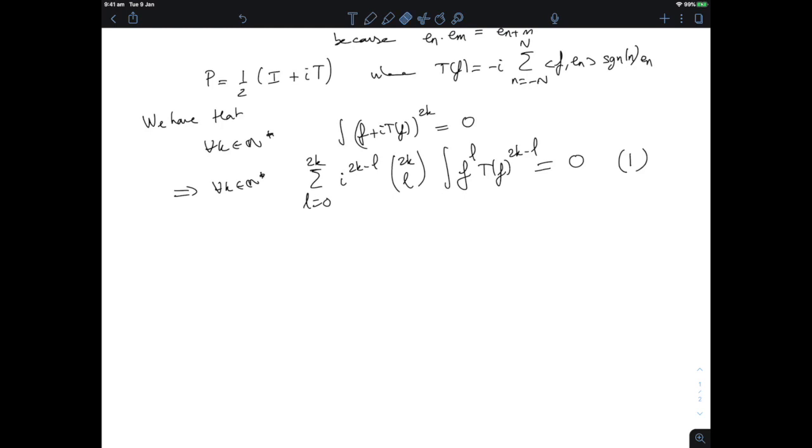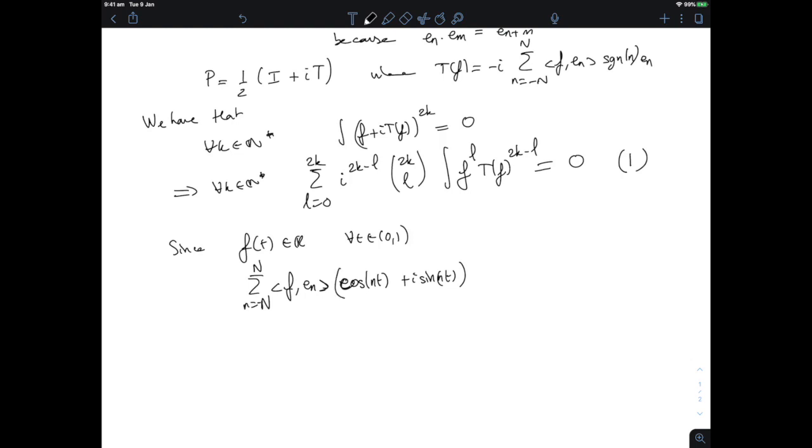Okay, so in order to exploit that, we have to realize that we're dealing with a real valued function, right? Our f of t belongs to R for all t. But what is f of t? It's the sum n equals minus N to N of the inner product of f with e_n times the exponential, so times cosine nt plus i sine nt.